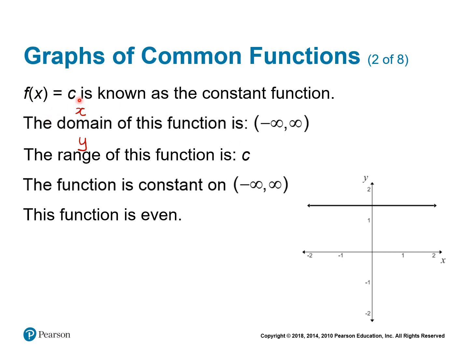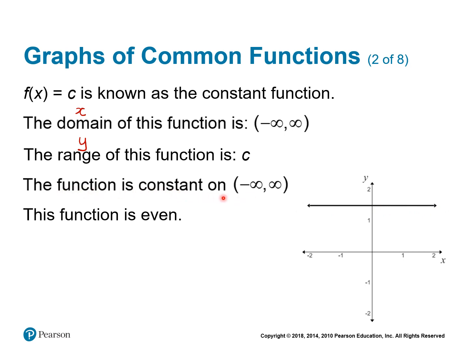Whatever c is, that's the only value y will take. The function is constant on negative infinity, comma, infinity. So that means it's going to be the same value no matter what x values we choose. That's what this statement means.